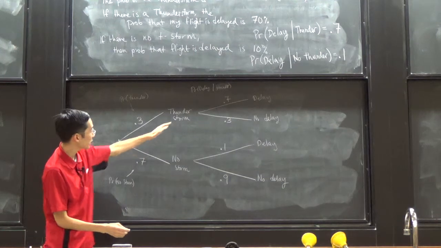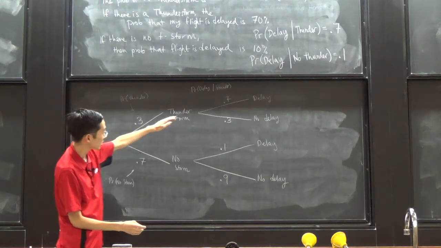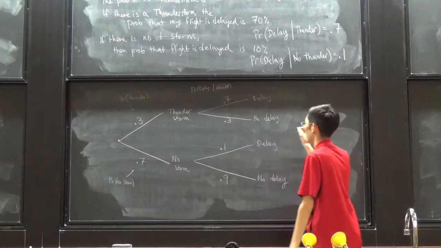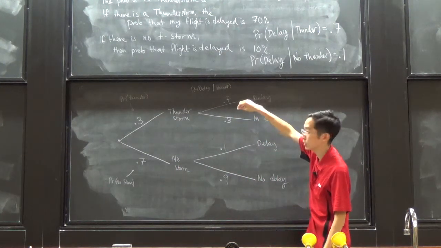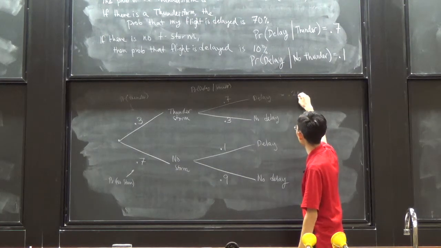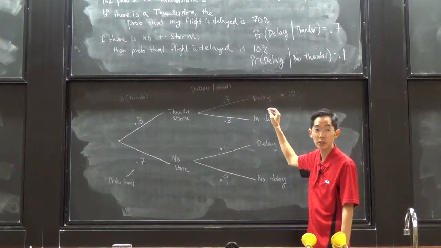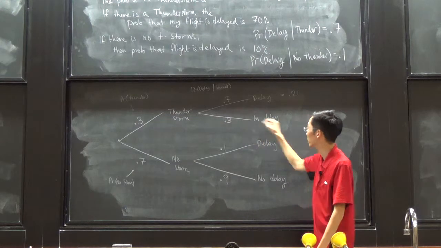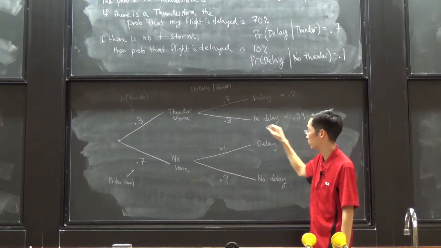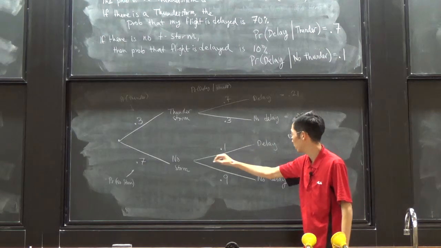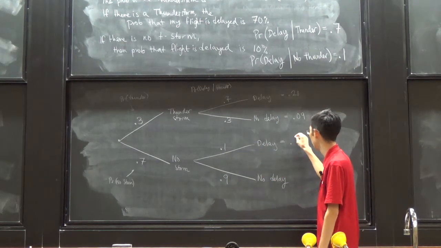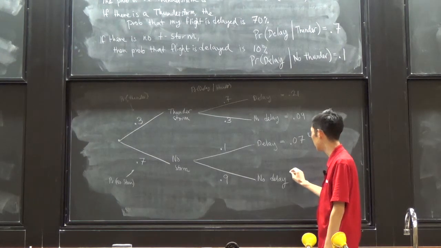And so when we multiply down the branches of our probability tree, we get the answers to our AND questions. So what is the probability of a thunderstorm and delay? We got 0.21. What's the probability of a thunderstorm and no delay? 0.09, 0.3 times 0.3. What's the probability of no storm but still being delayed? 0.7 times 0.1, 0.07.